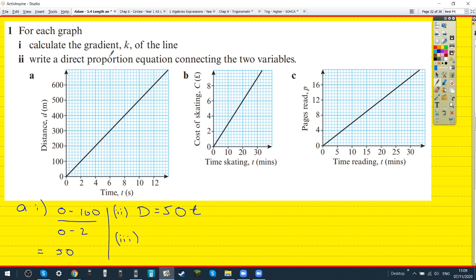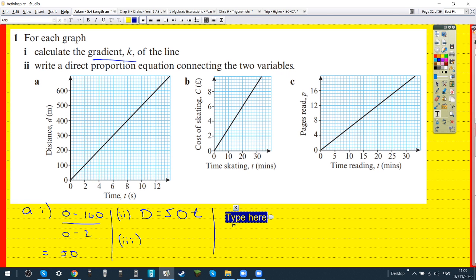And I'm going to put in part 3. Write an interpretation of the value k. What does the value k represent? So when the time is increased, the distance is also increased. But that's like the gradient.